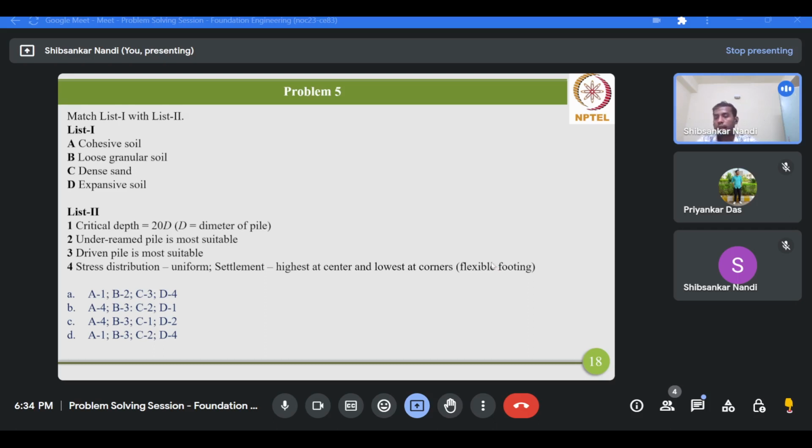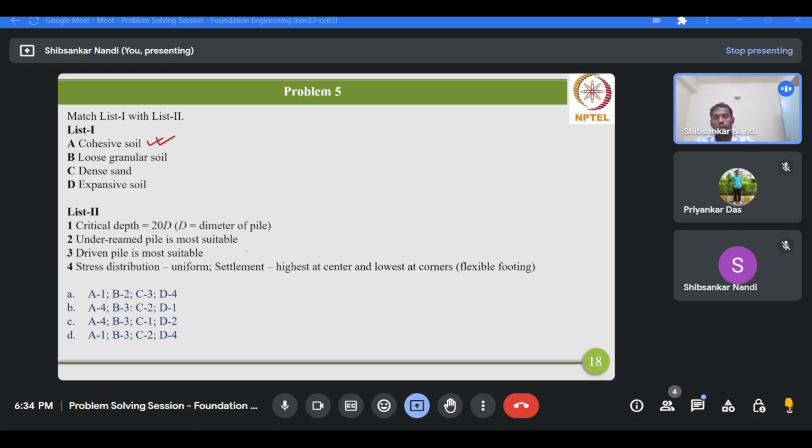Now you can easily understand for what type of soil each condition is matching. For example, I am starting with cohesive soil. It's very obvious that for cohesive soil, entity 4 is the ideal choice.